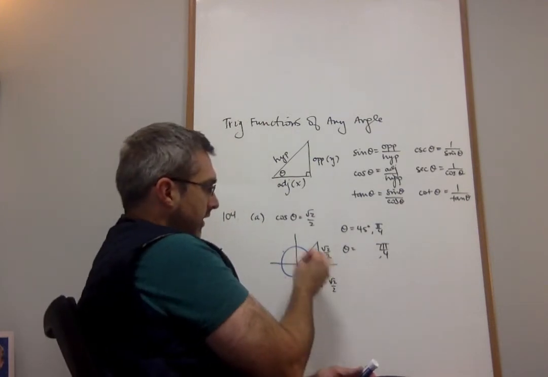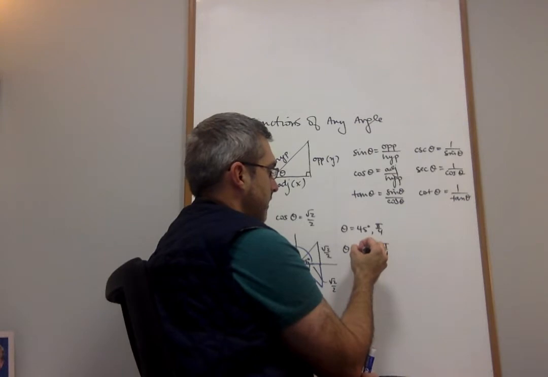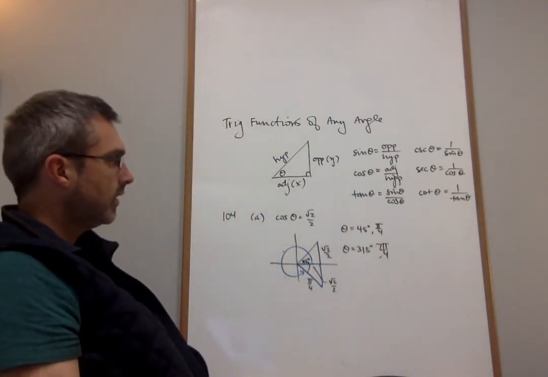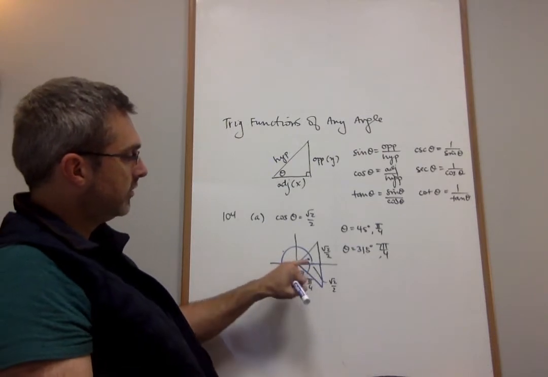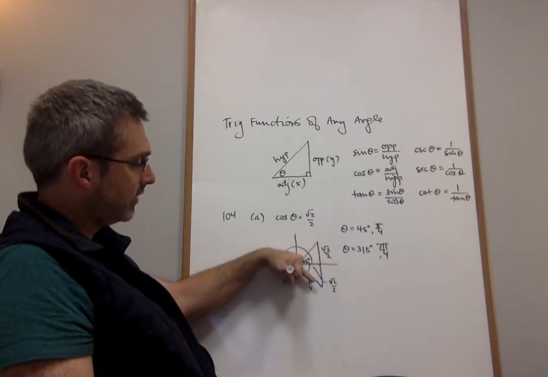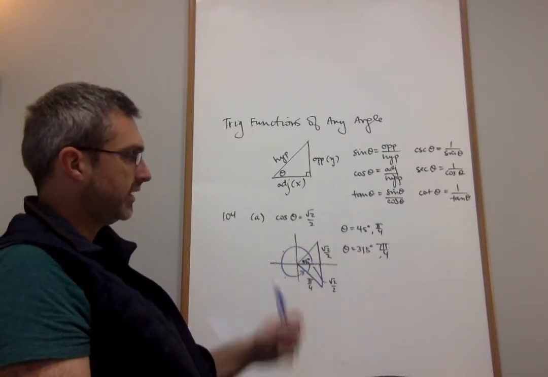Or 360 degrees minus 45 degrees. So that's 315 degrees. The cosine is root 2 over 2, both for a 45 degree angle and for a negative 45 degree angle. Negative 45 degrees is the same thing as 315 degrees.